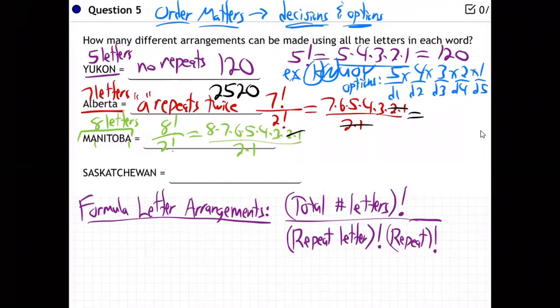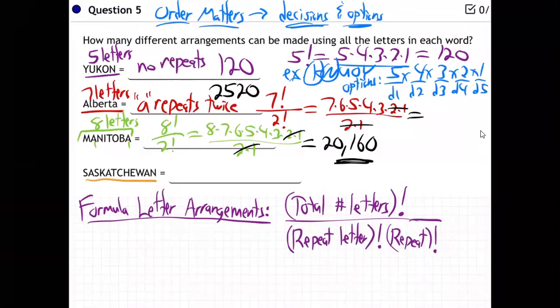So it's just 8, 7, 6, 5, 4, 3. And I'm getting 20,160.